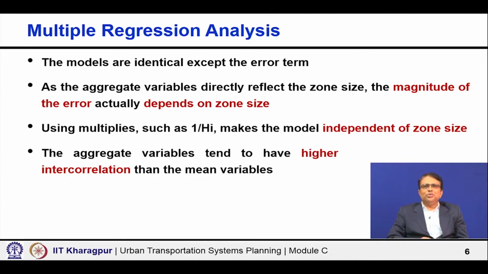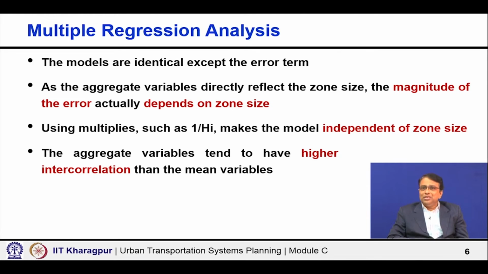So this is another point you have to bear in mind, and be careful that you may get two variables that are collinear simply because you have used the aggregate total. Somewhere at the back end the zone size is actually controlling everything.